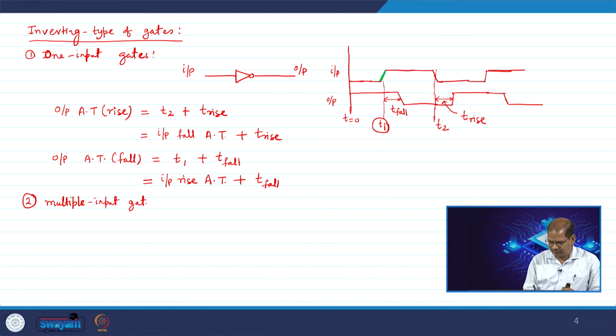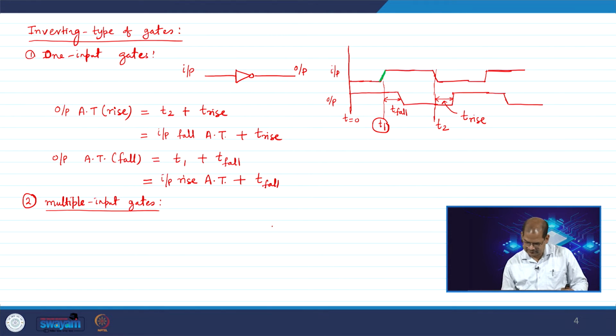So, what will happen? Let us say a 2 input NAND gate is there.